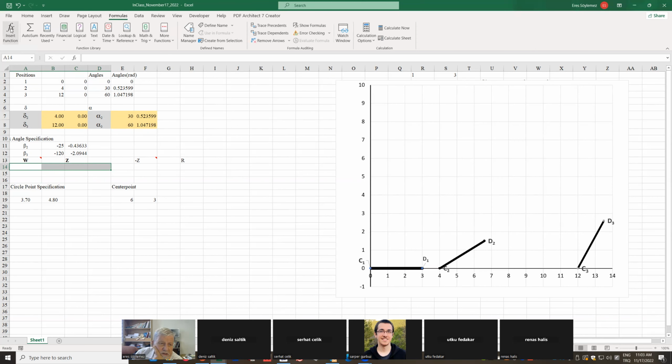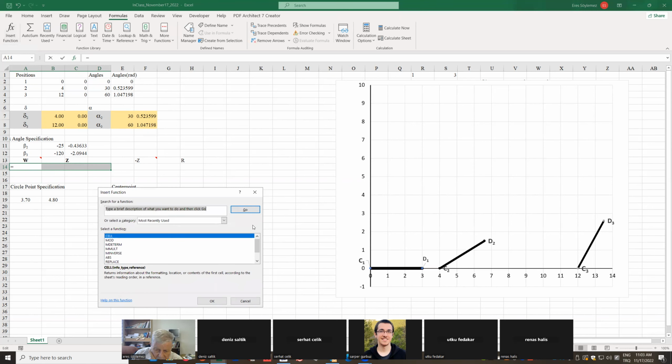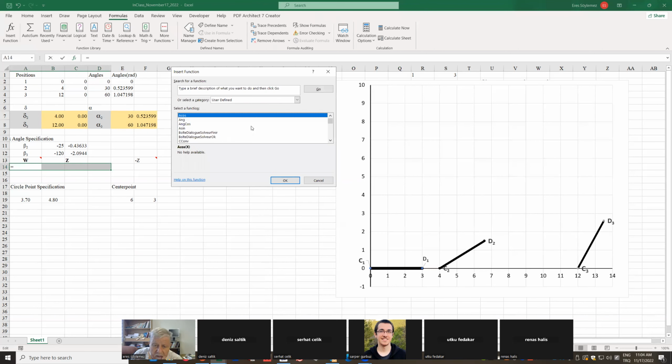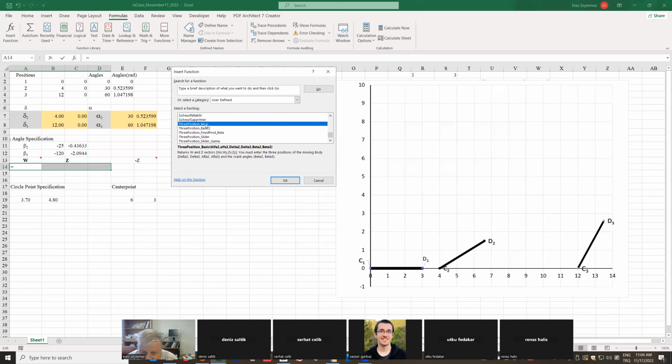Formulas, function routines, user-defined. It starts with T. As you can see, I have so many T's. Consider 3 position basic. It returns W and Z vectors, Wx, Wy, Zx, Zy.